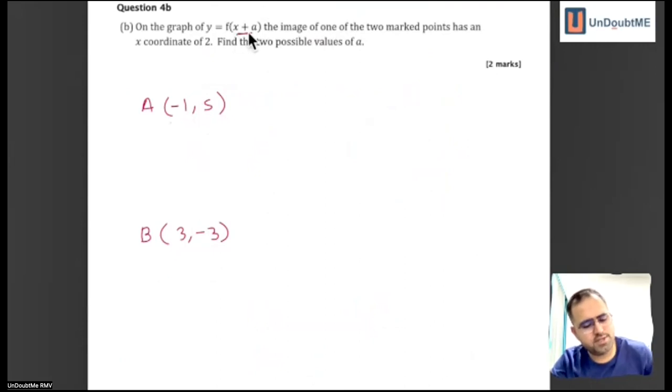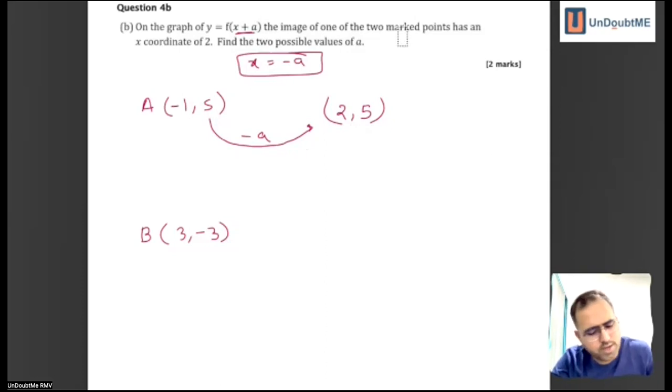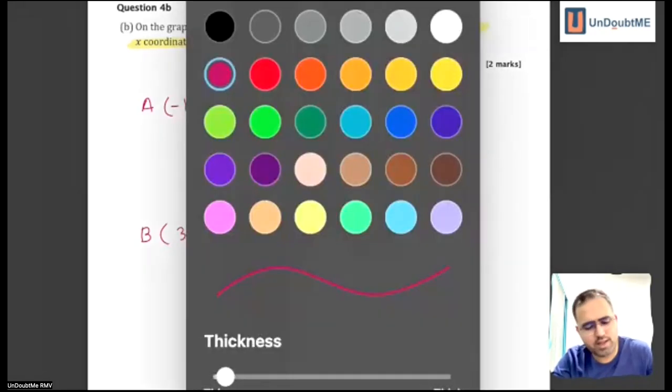Okay, the transformation is x plus a. x plus a means x will be equal to minus a. On solving, basically minus 1 minus a gives me 2 comma 5. Why 2? Because the question says it has an x coordinate of 2. So the x coordinate is already 2, which made my task very easy.